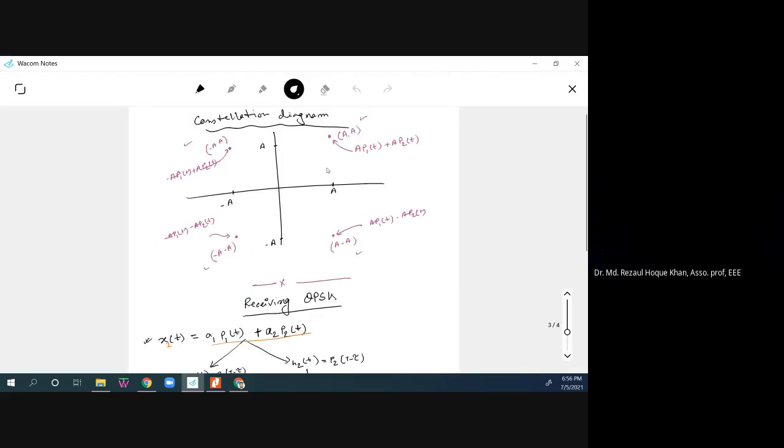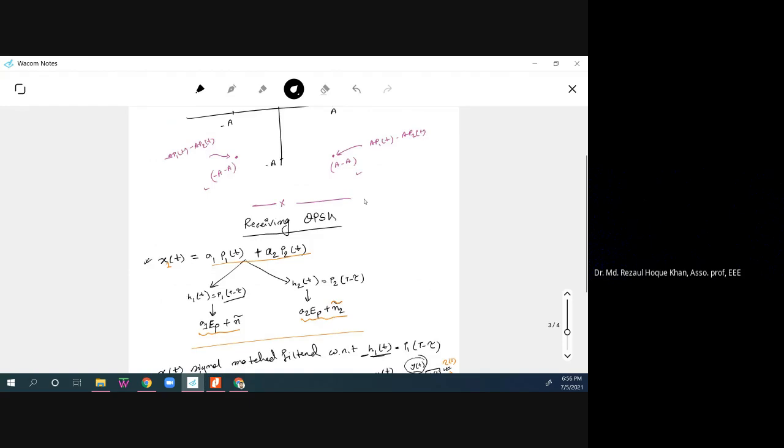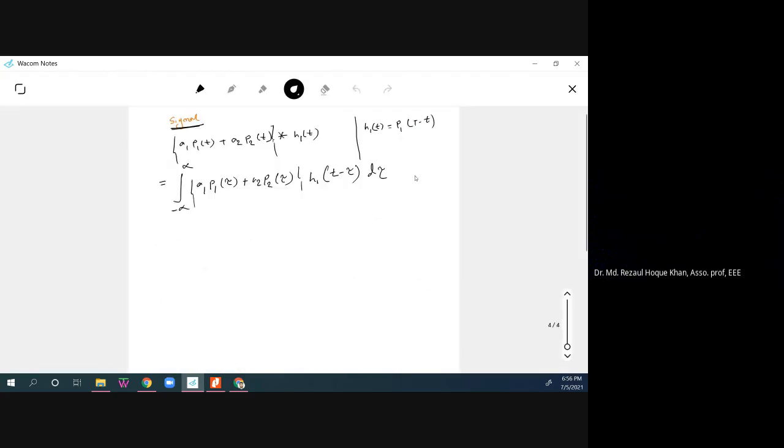Yeah, h2 this, right? So what will happen with h1(t minus tau)? It will be p1(T minus (t minus tau)), that is p1 of T minus t plus tau.